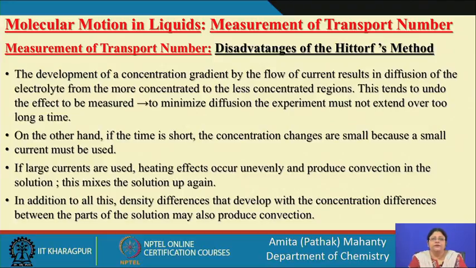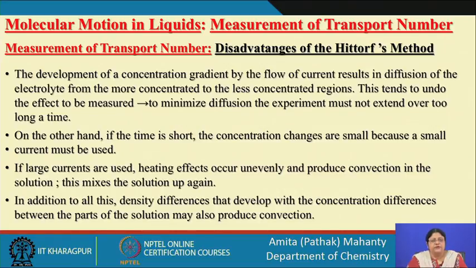If you have a heating effect, then you have convection currents, and uneven accumulation of ions is going to take place, and this is going to give rise to interference in the cell. In addition to this, the density difference that develops with the concentration difference between the parts of the solution may also produce convection.